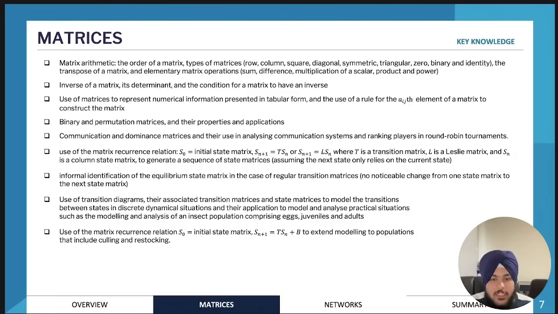And also the new addition to the study design, we'll be looking at Leslie matrices and how we interpret those. We'll also be looking at the steady or the equilibrium state of a matrix, and we'll be using transition diagrams to convert them into transition matrices and then use those to do calculations.